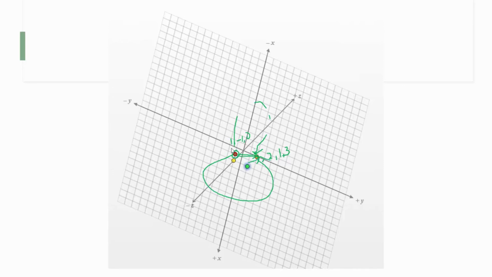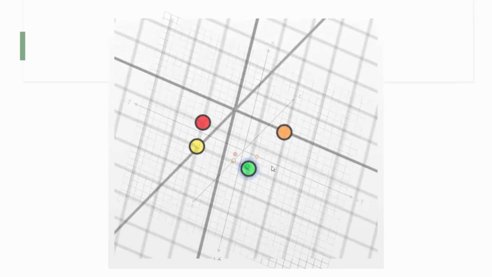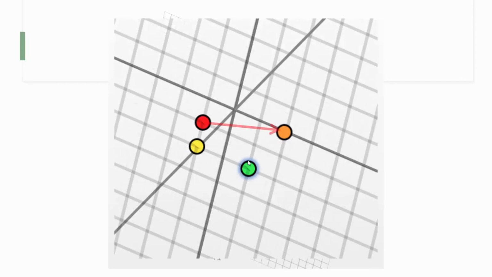Pero ang initial point niya is 1, negative 1, 0, and ang final point is 2, 1, 3. So, para ma-solve tong problem na ito, kailangan natin siyang i-imagine yung path systematically. So, zoom in tayo. Ang mangyayari is, instead na logically, mag-go siya from the shortest path. 3D nga pala to guys ha. So, imagine nyo na lang.